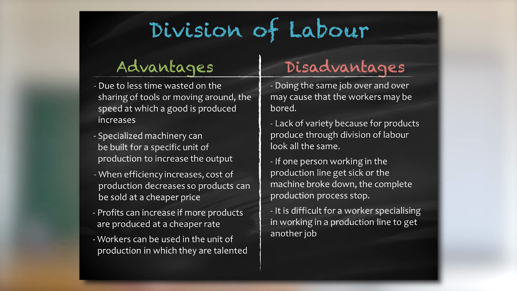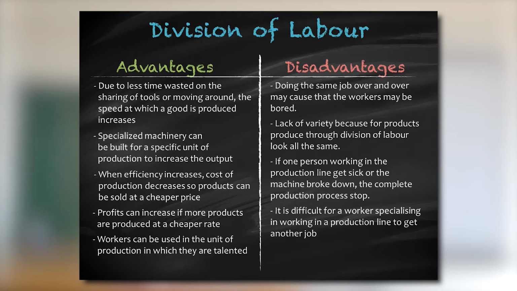A very important point is that if you use division of labor as a form of specialization, all the products that you produce must look exactly the same. So if we think of companies in our country that can use division of labor, then we think about a company like Namibia Beverages that produce Coca-Cola.